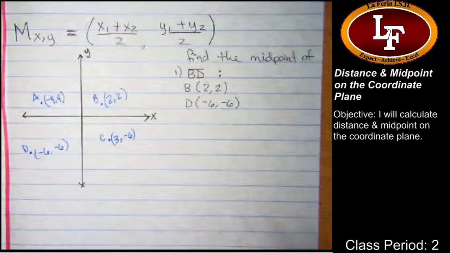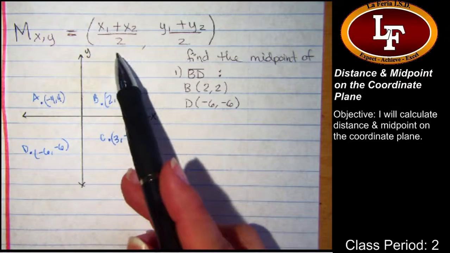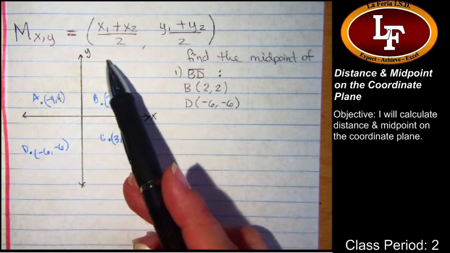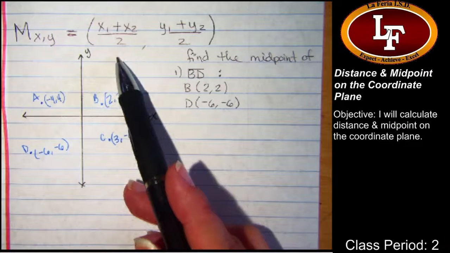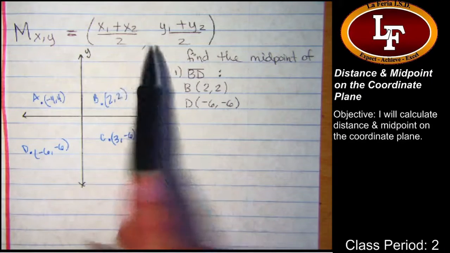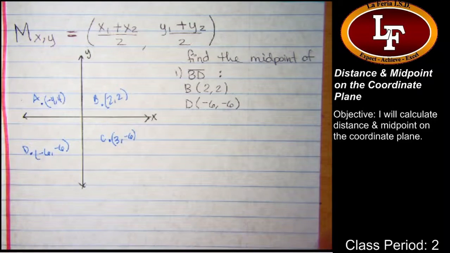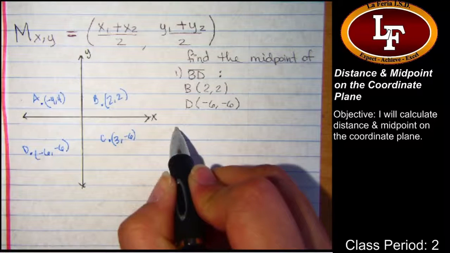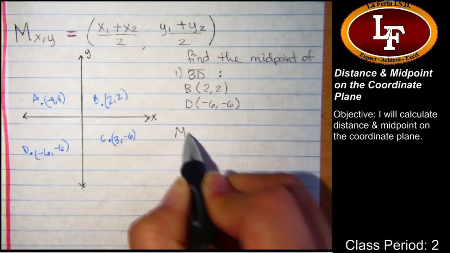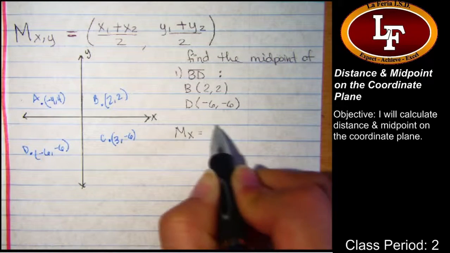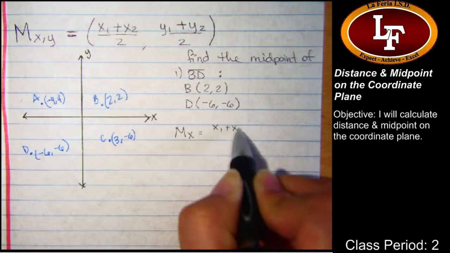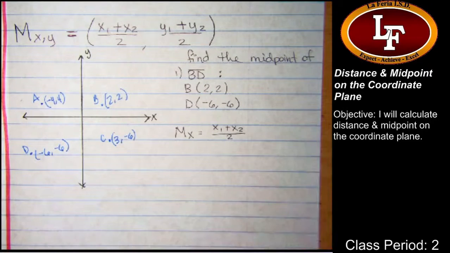So look at this midpoint formula. We can basically break it down into 2 sections. We can break it down to the X coordinate of the midpoint and the Y coordinate of the midpoint and do them separate so we don't have a big jumbled hot mess that we're trying to figure out. So let's do one at a time. Let's find the midpoint of the X coordinate first. So I'm going to pull out just the X coordinate information.